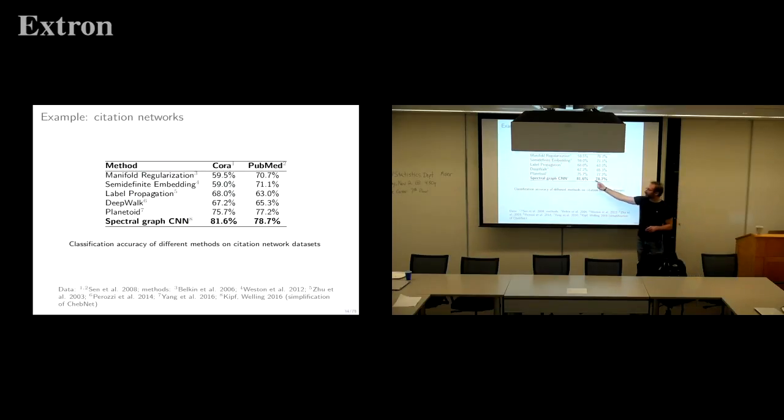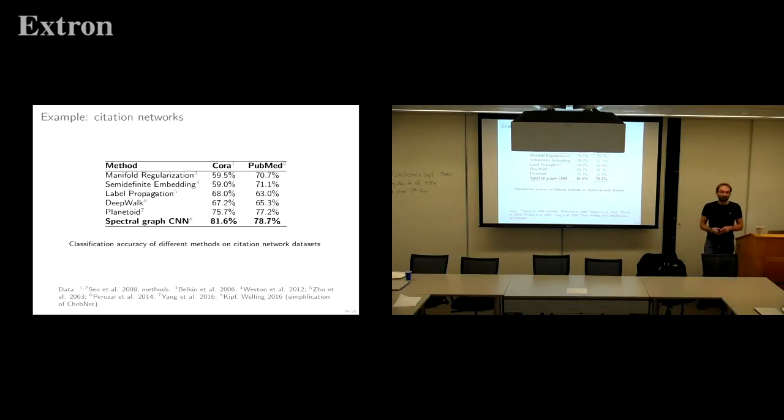And this is the spectral graph CNN. You can see that it produces significantly better results, because probably the context is important. And these methods are very recent, so we are not comparing to very old methods. This is from 2016, something like this.